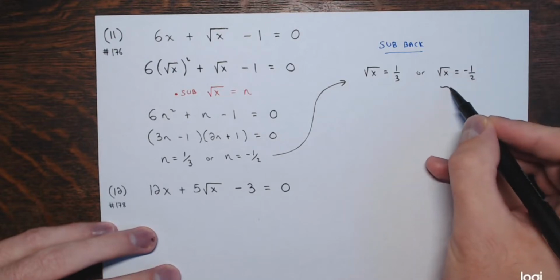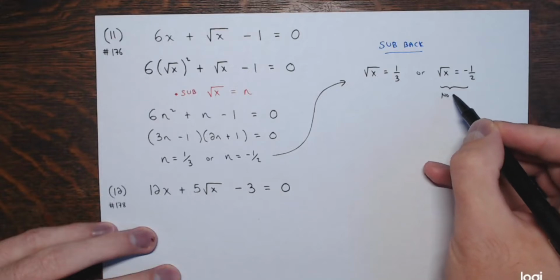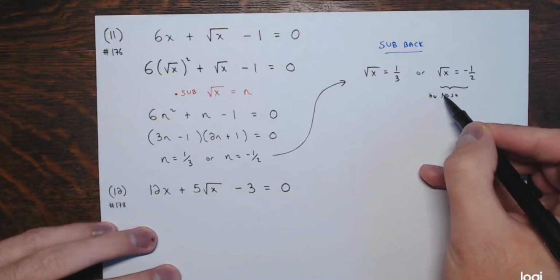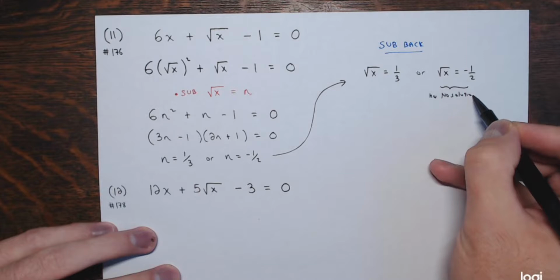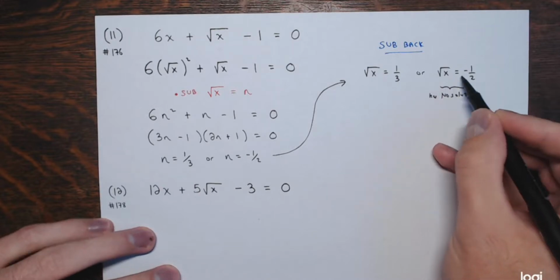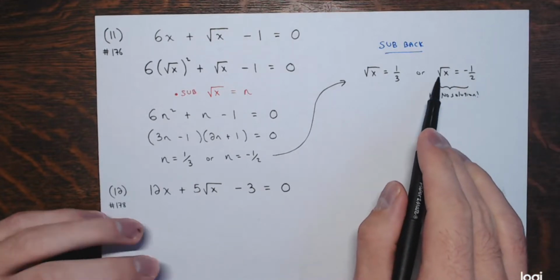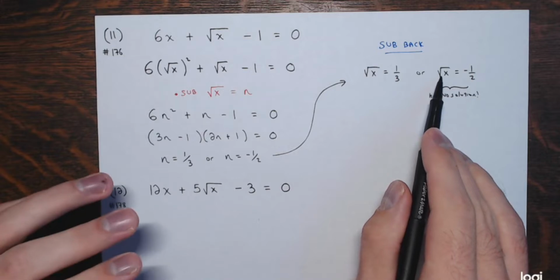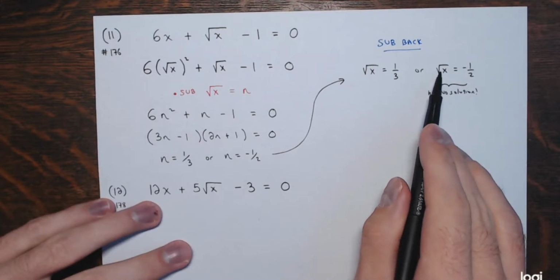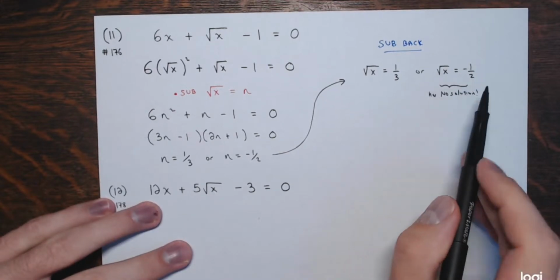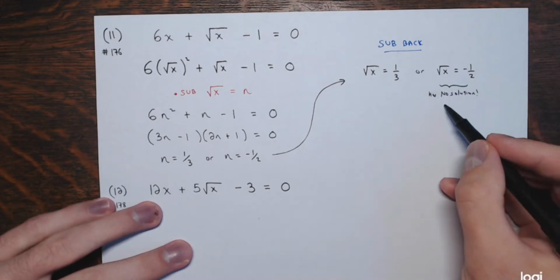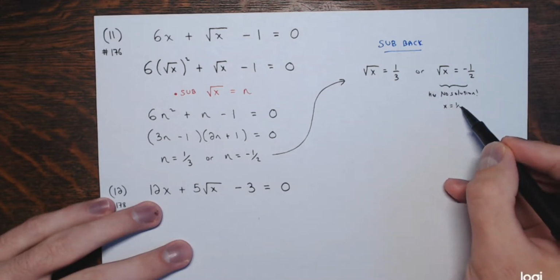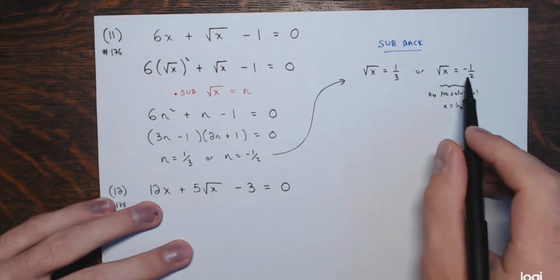But please understand that this has no solution. The square root of a number can't be negative. Remember, this symbol means the positive square root, so something non-negative can't be negative. Now, if you were to say x equals 1/4, you square both sides, and this doesn't work.